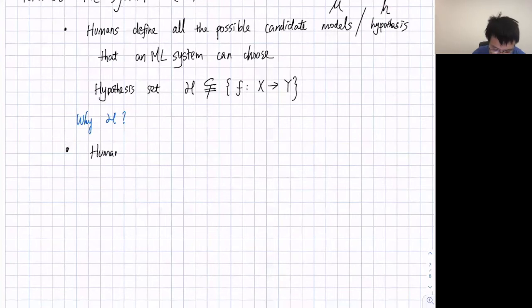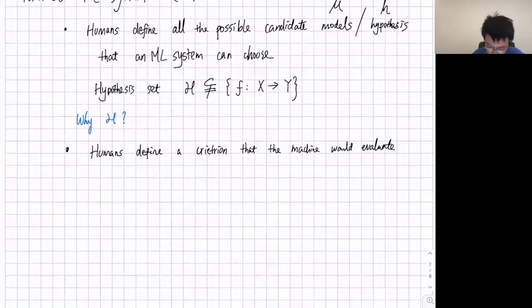Humans define a criteria that the machine would use to evaluate the candidate functions in H. Eventually the machine picks the best function in H.